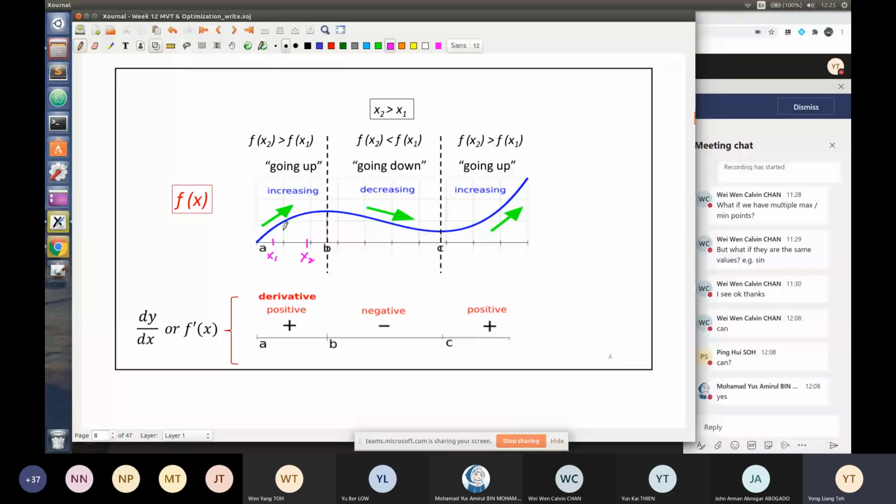Since f prime is positive all the way, f at x2 must be more than f at x1. This is a result of the MVT, as we have discussed. The same goes for decreasing. So negative means decreasing, positive means increasing. Simple as that.